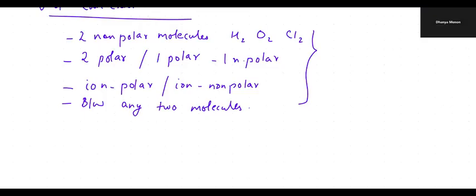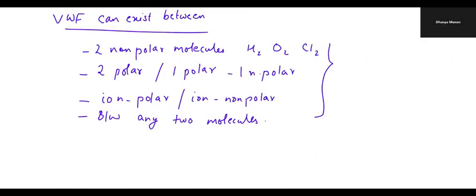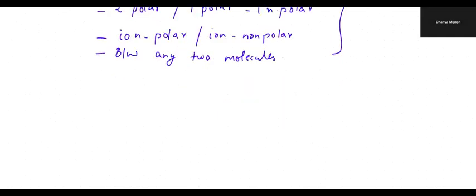Okay. Now from here, we will look at the different types of van der Waals forces.